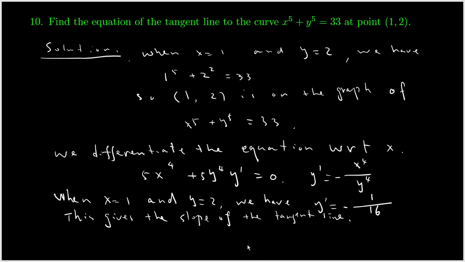Now you have a point, you have the slope, you are ready to have the equation of the line, in whatever form you want. I still prefer to write it in the point slope form.